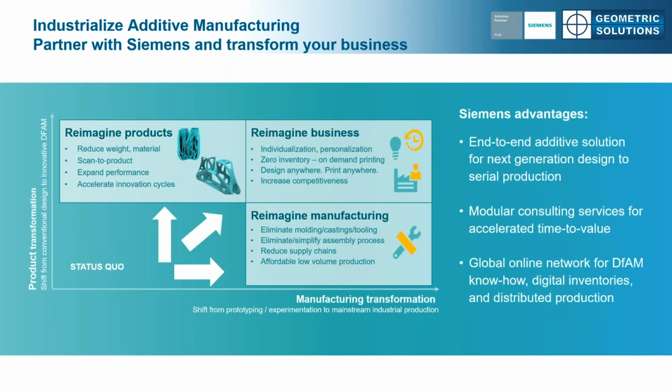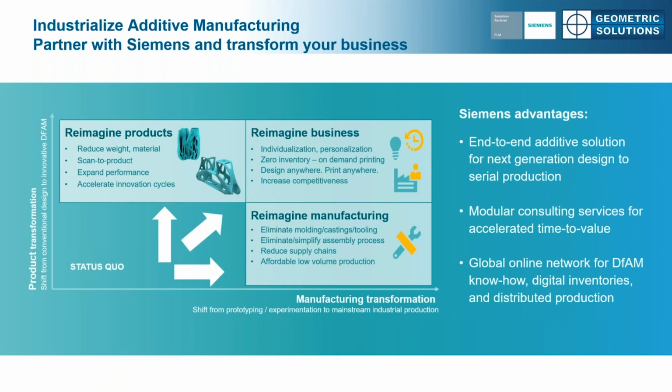So to summarize, industrializing additive manufacturing can have a significant impact on products, manufacturing operations, and on business. So Siemens offers 3 key advantages to help you industrialize additive manufacturing. Number 1, and I've brought this out a bunch, it's an end-to-end solution for the next generation of design.